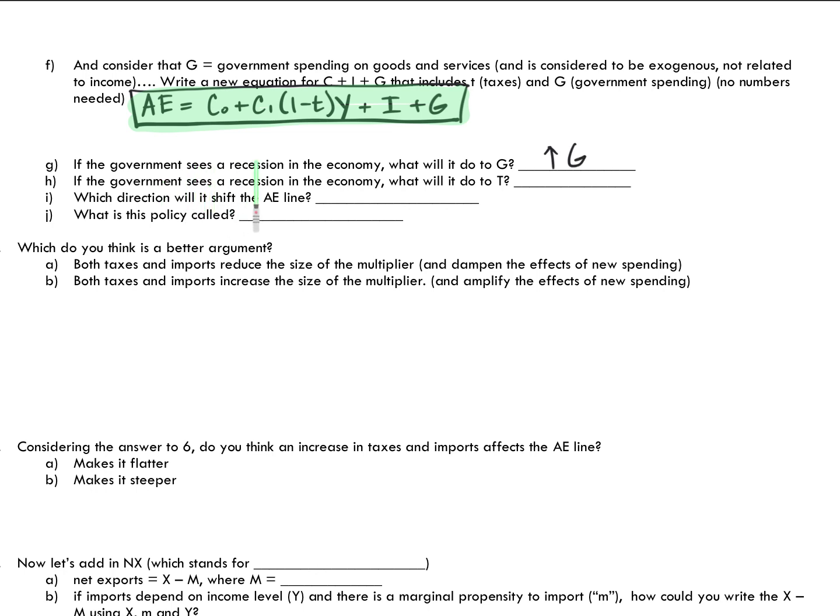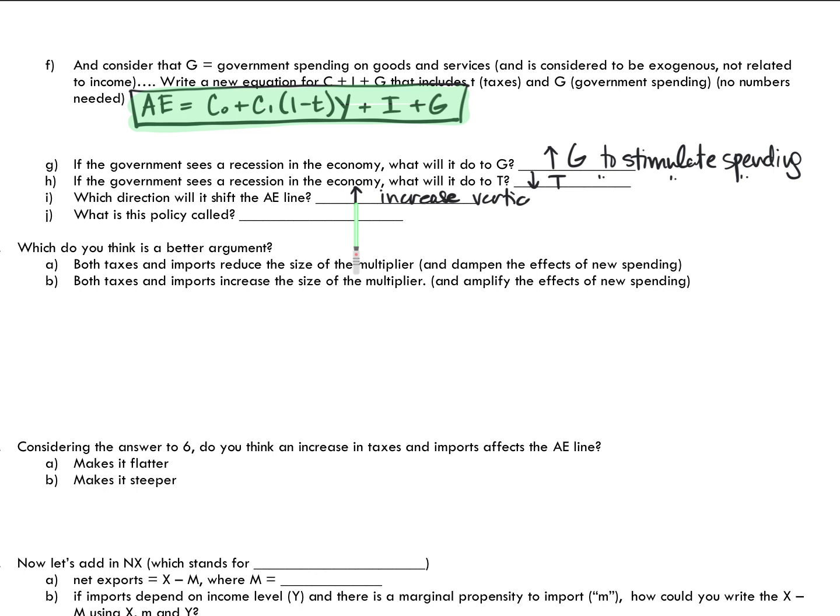If the government sees a recession in the economy, remember that we're still thinking that most governments try to stabilize the macroeconomy. So if there's a recession, you are going to see government lean against that recession by increasing its spending and or decreasing taxes so that people have more left in their pockets to spend.